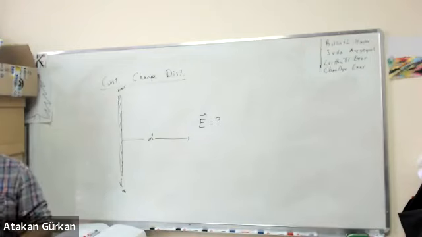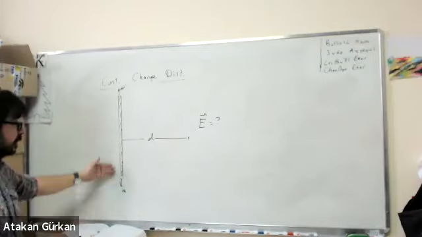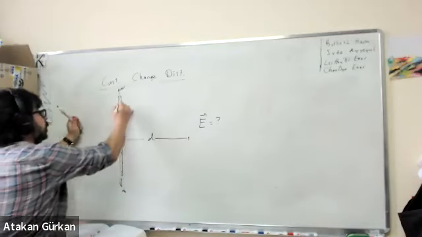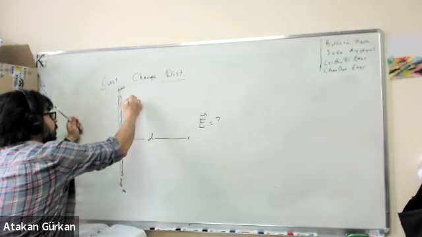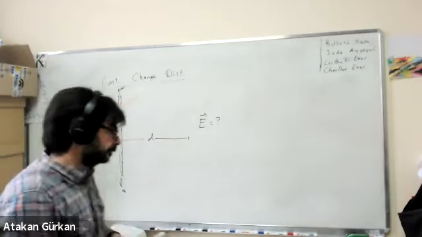Okay. The way to handle that is to divide this continuous charge distribution, so this is now the charge smeared all over, and get some little part that has some charge dq in this field.